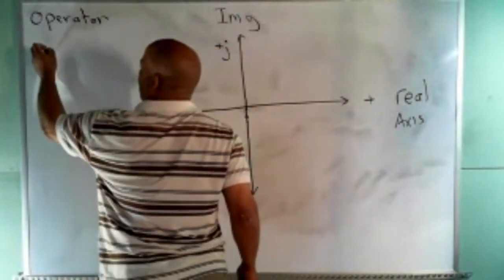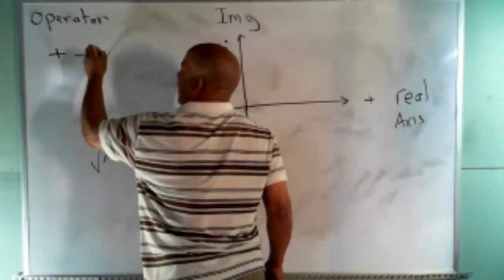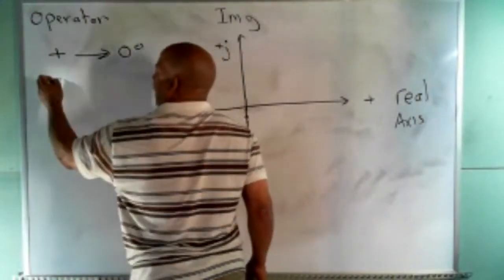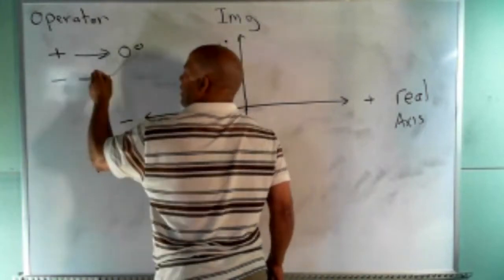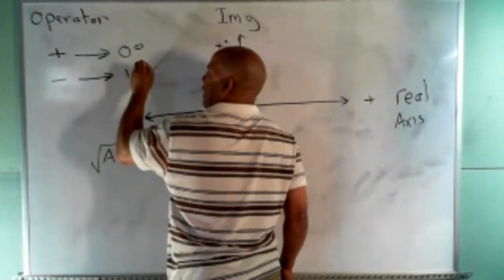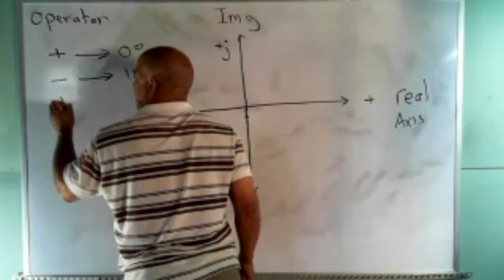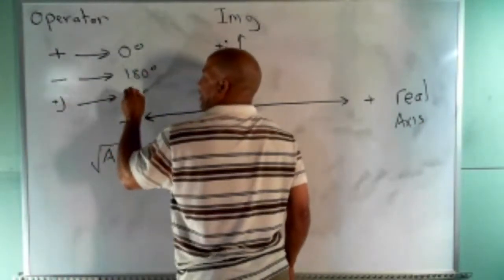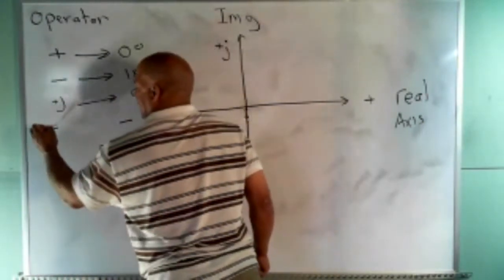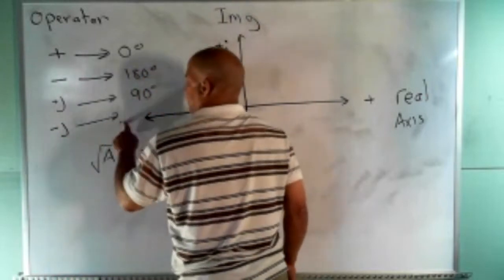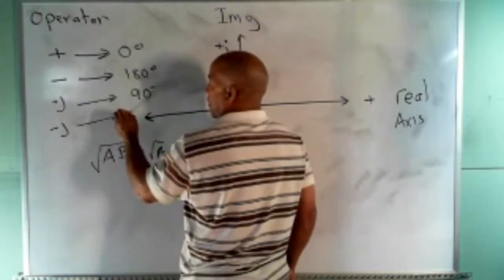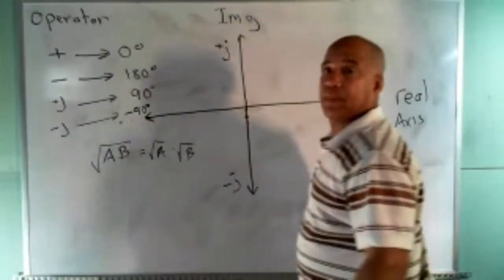If I have the operator like this, then the phase is 0 degrees. If I have an operator like this, then the phase is 180 degrees. If I have an operator like this, then the phase is 90 degrees. If I have an operator like this, then the phase is 270 degrees or minus 90 degrees.